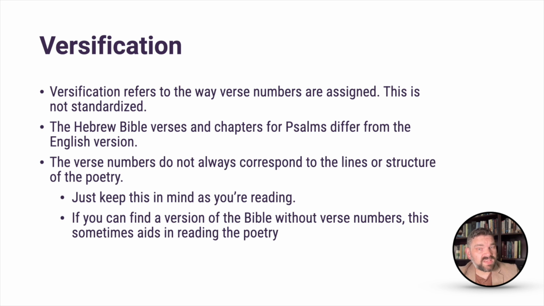So sometimes it's handy if we can try to get rid of those numbers, the verse numbers that is, to read the Psalm differently. You can do that very easily in Logos, or there are some versions of the Bible that don't have the chapters and numbers. And I find those to be beneficial sometimes when you're reading poetry especially.